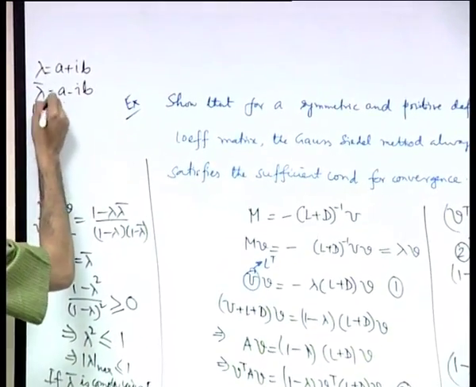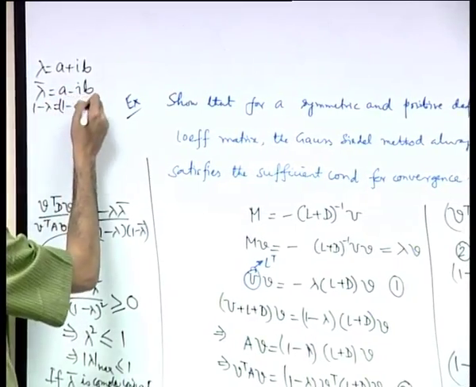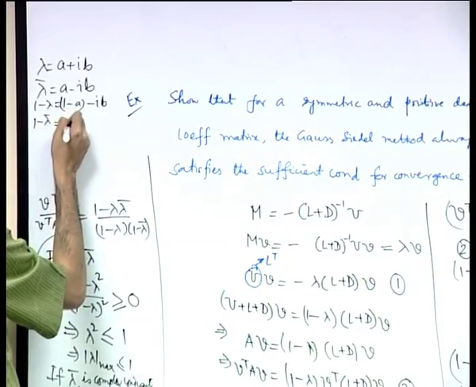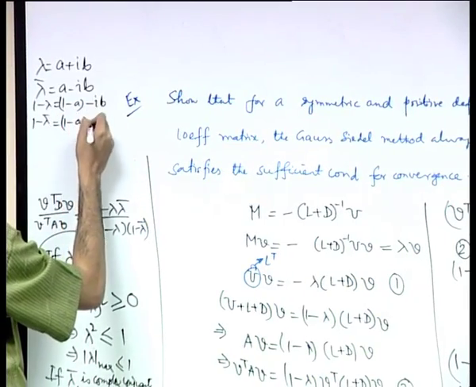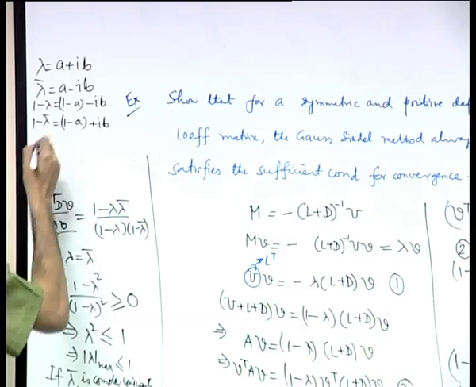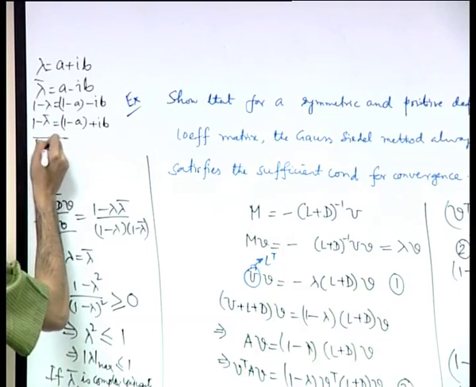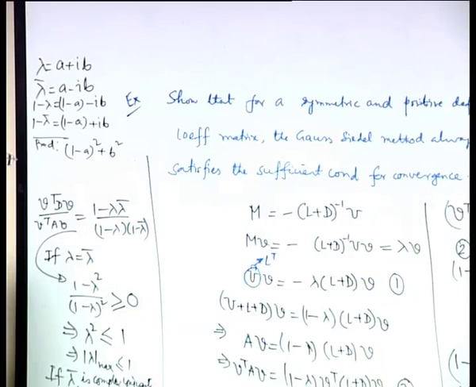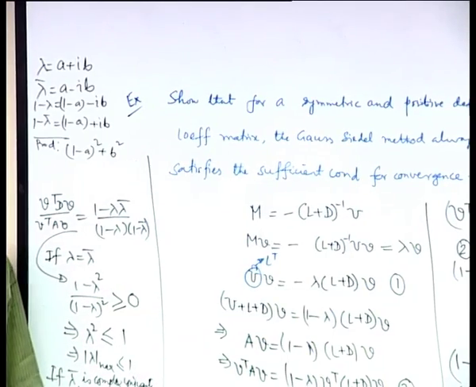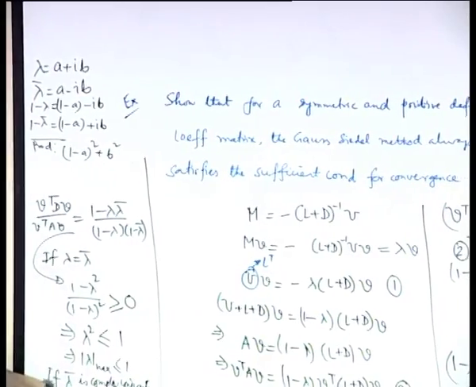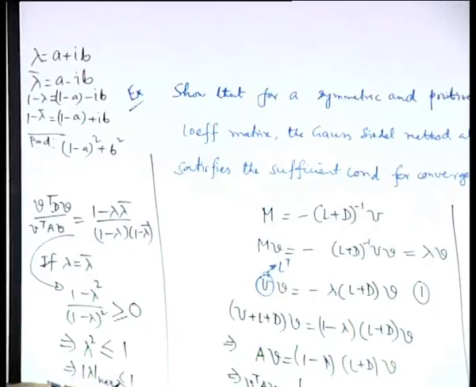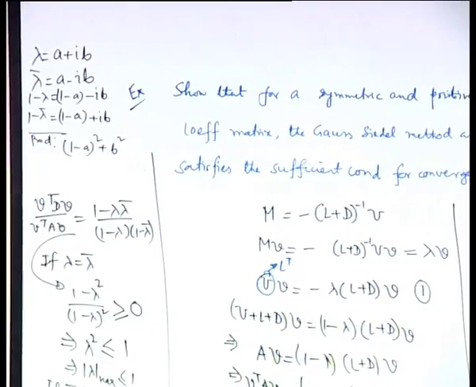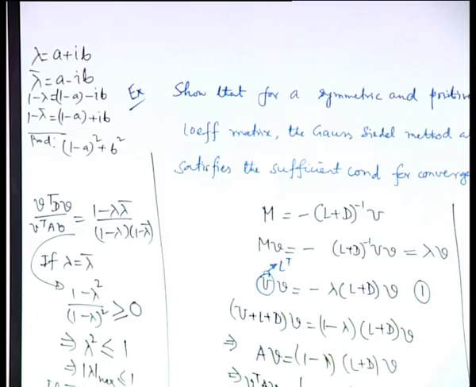So 1 minus lambda is 1 minus A minus iB and 1 minus lambda bar is 1 minus A plus iB. So the product is (1 minus A) square plus B square, that is positive. So in either way it can be shown that mod of lambda max is less than or equal to 1, so that it satisfies the sufficient condition for convergence.